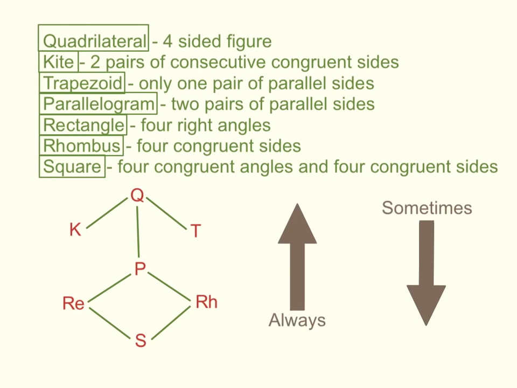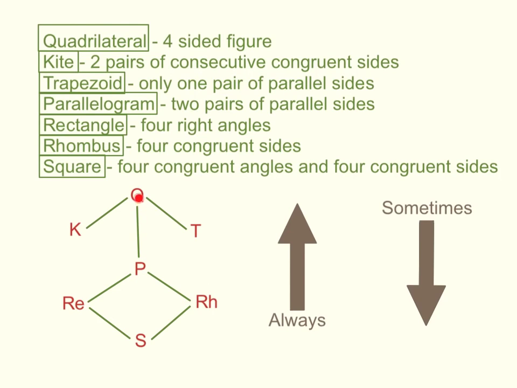And so these squares are always, going up the chart, these squares are always rhombuses. These squares are always rectangles. Squares are always parallelograms. Squares are always quadrilaterals. Rhombuses are always parallelograms.